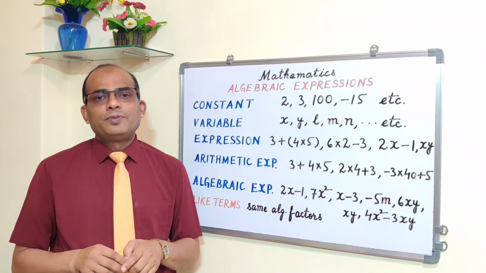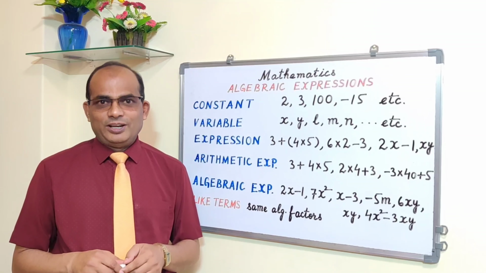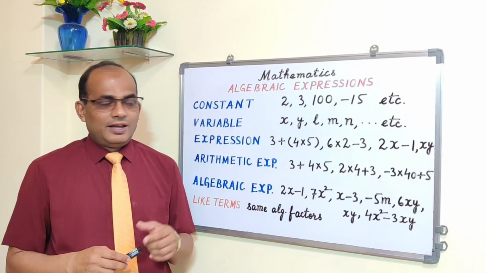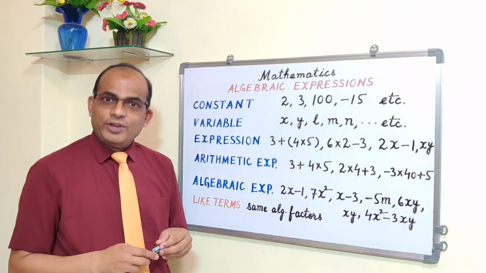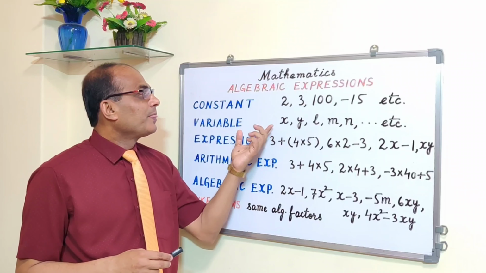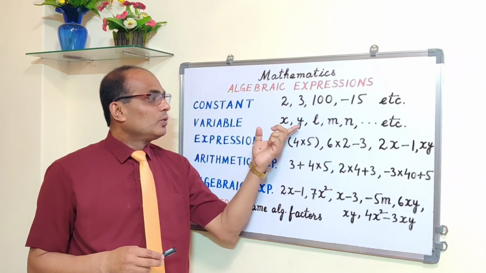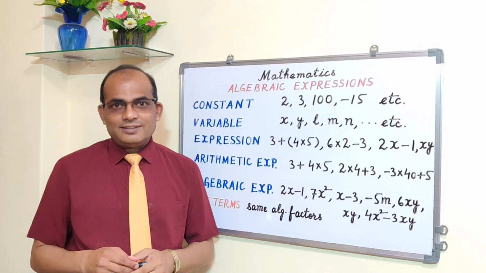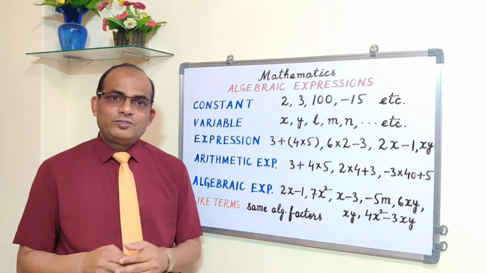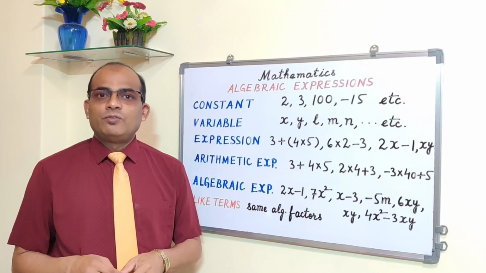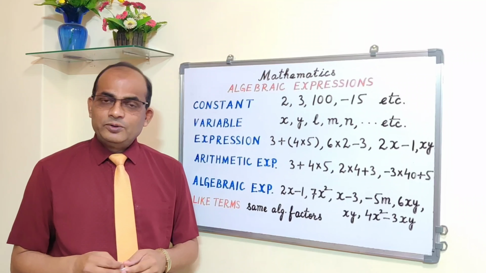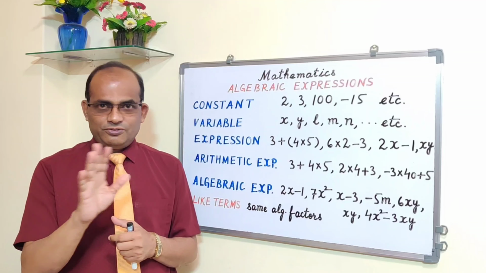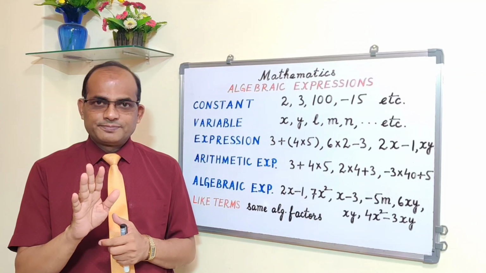A variable can take various values, different values, and we denote variables by x or y or L or M or N, etc. These are the letters which we use to denote a variable. It's not fixed. Clear?